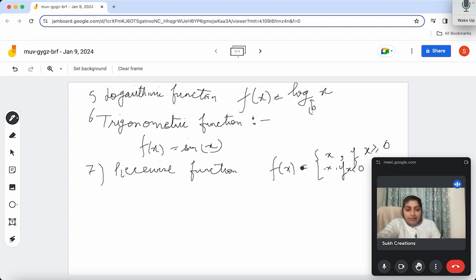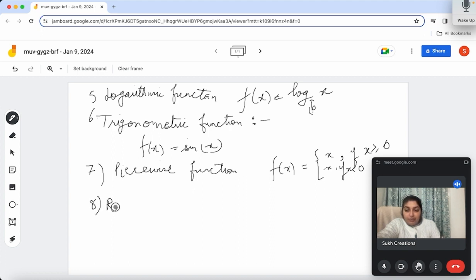So here you can see when x is greater than or equal to 0, we have to use this expression for f(x), and if x is less than 0, then we need to use this expression to find the value of the function.